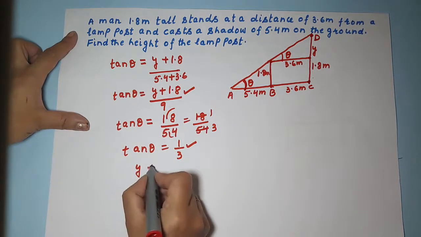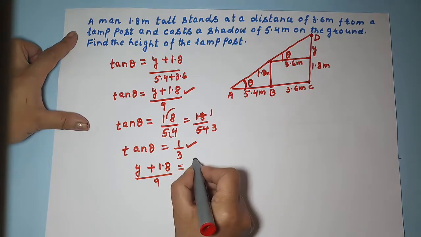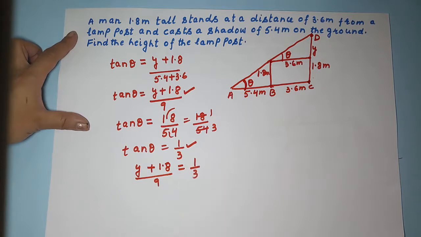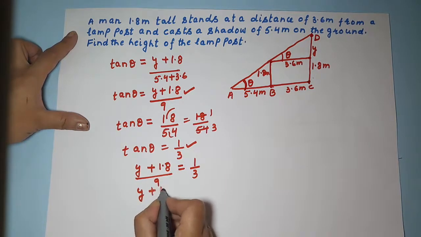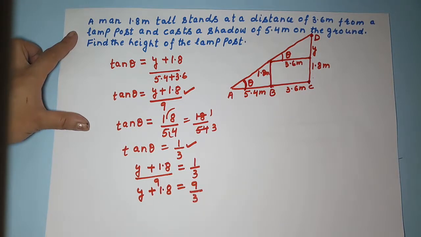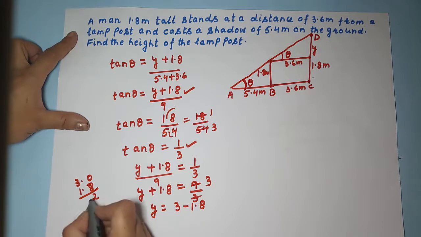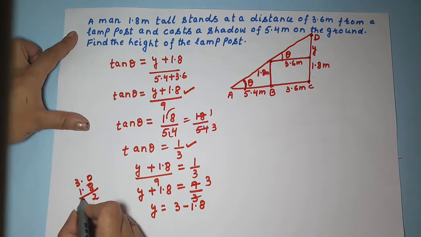I have Y plus 1.8 upon 9 equals 1 by 3. If I cross multiply, I will get Y plus 1.8 is equal to 9 divided by 3. So 3 3s are 9, and my Y will be 3 minus 1.8, which is 1.2.